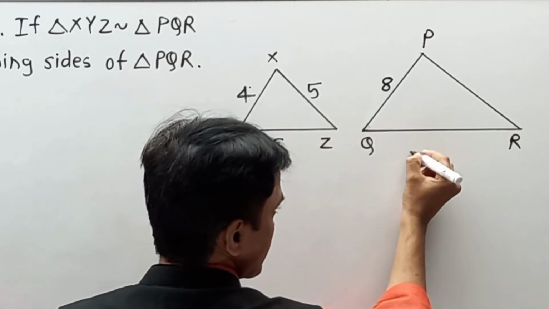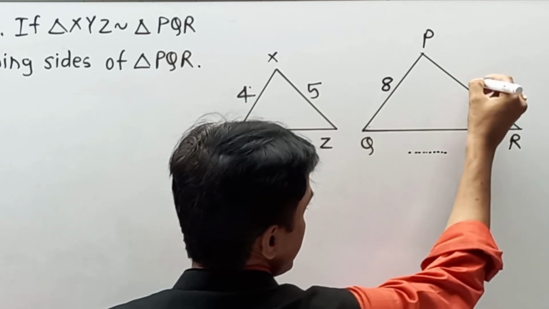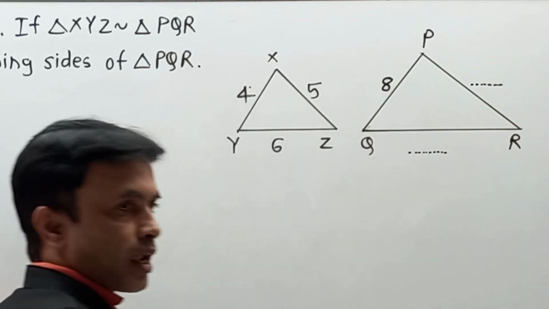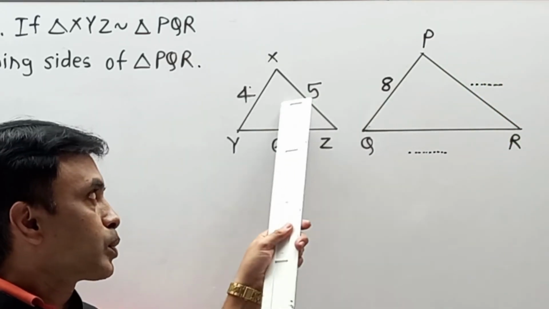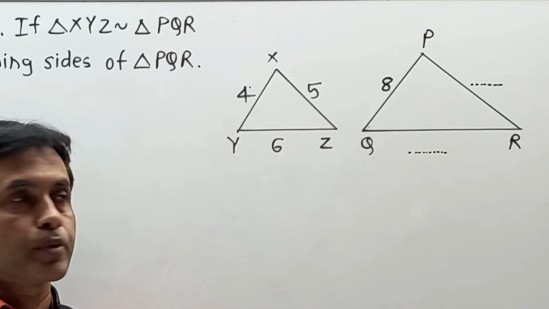Remaining sides means we have to find QR and PR. We know that when two triangles are similar, their sides are in proportion.